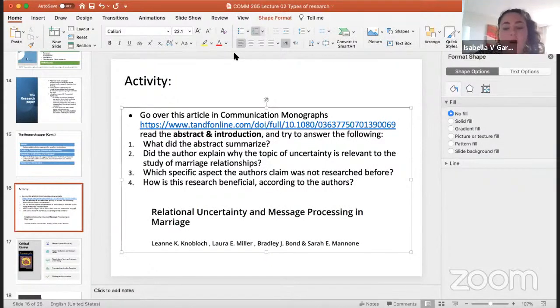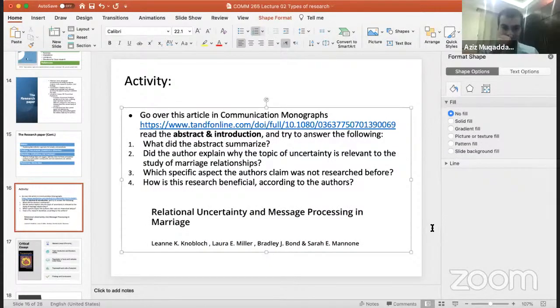Okay, sorry. I think they explained the uncertainty reduction theory as well as uncertainty in dyadic contexts. And they made a clear statement that if uncertainty is part of all communicative encounters, then it should be relevant to longstanding relationships.